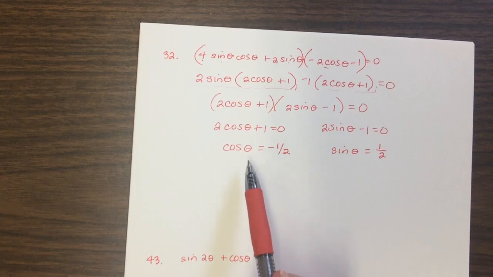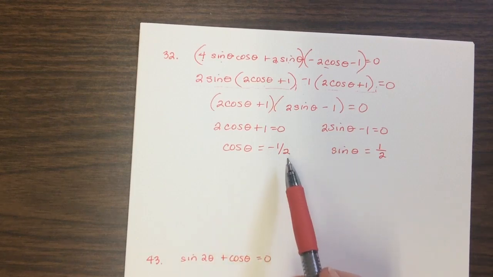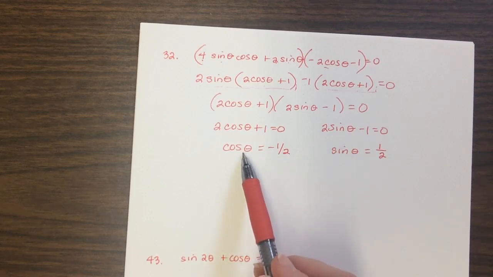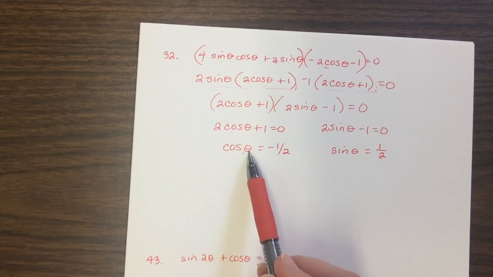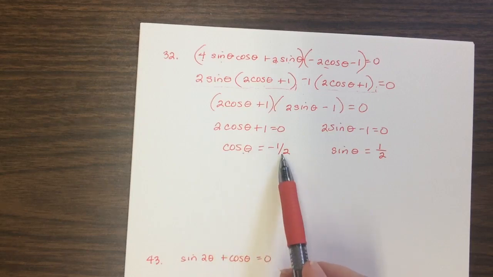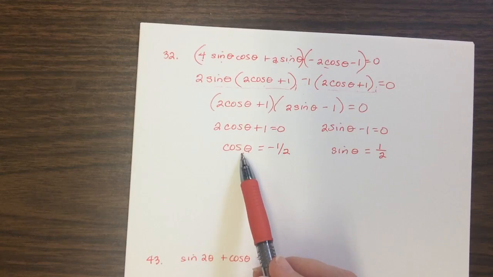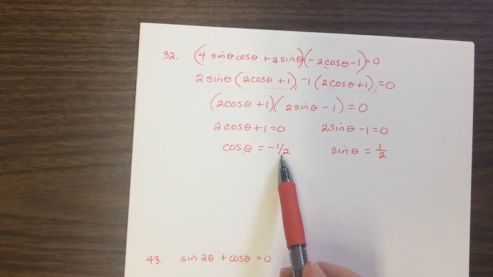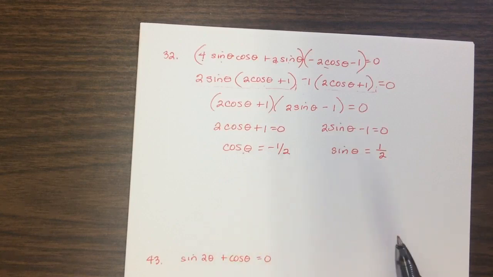Alright, so just very quickly, we've already solved equations like this, so I'm not going to spend a lot of time on this, but think about what quadrants these angles are going to come out of. If it's negative 1/2, cosine is negative in quadrants 2 and 3. So I've got to get my angle from 2 and 3. My reference angle is going to be 60 degrees because the cosine of 60 degrees is 1/2.